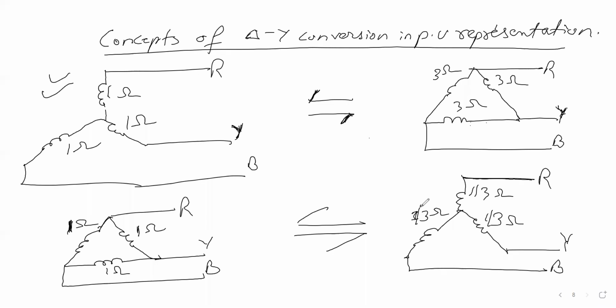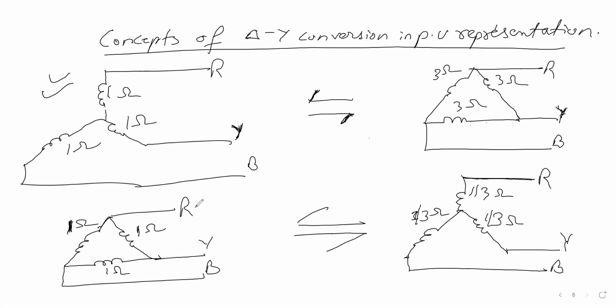So in actual conversion, if we take these parameters, if this is a star and this is a delta of same rating, we could see the actual delta equivalent of this star is different, and the actual star equivalent of this delta is different.